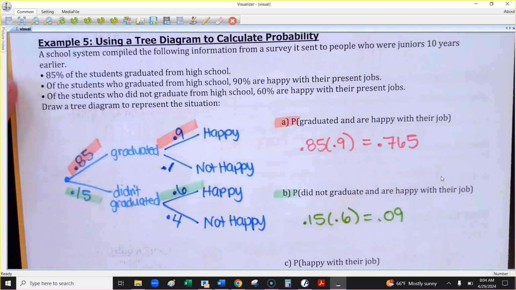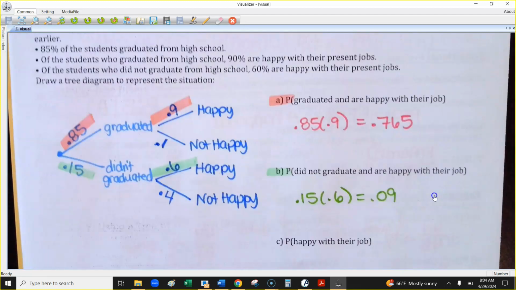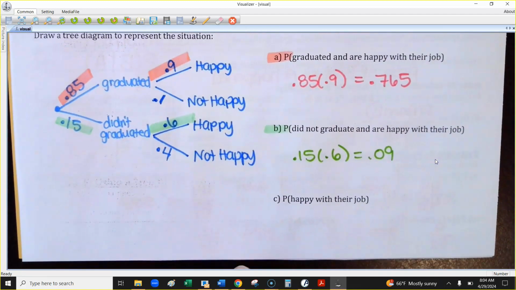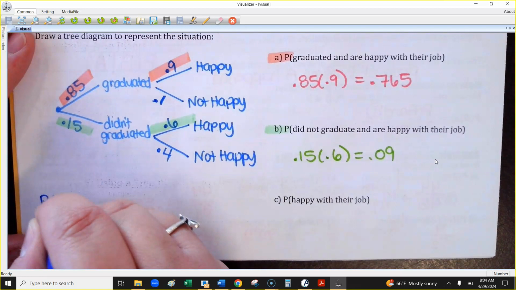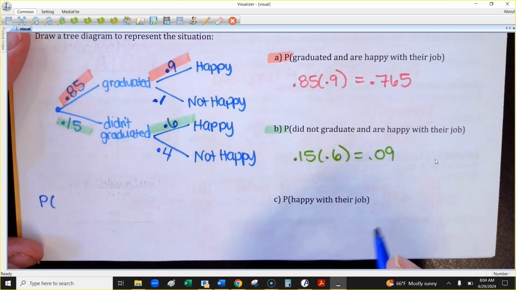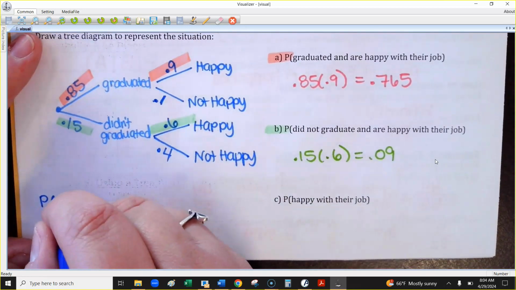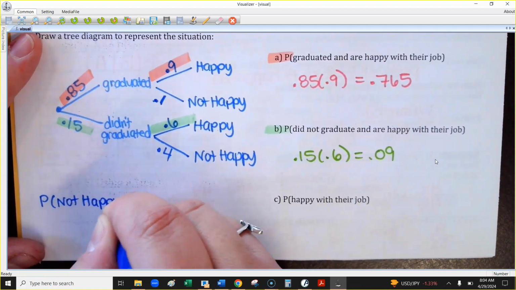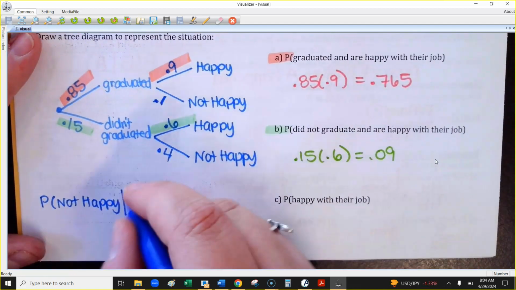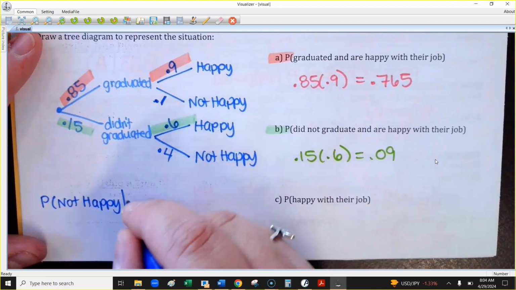All right. Now, let me add one to the side here before I do letter C. I'm going to give you a conditional probability. So let's say I asked you, what's the probability the person is not happy given that they graduated?